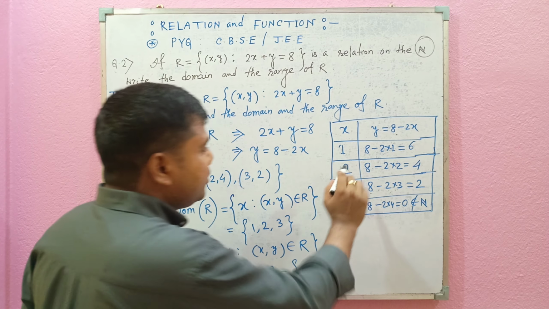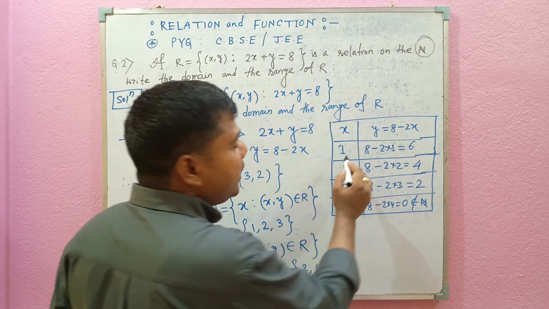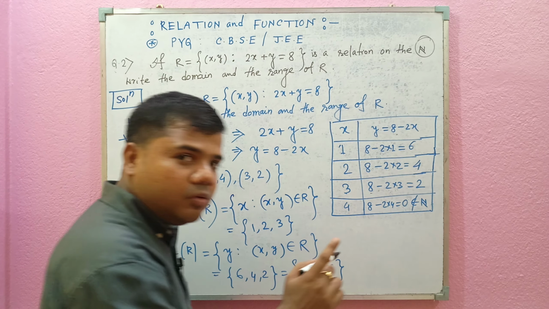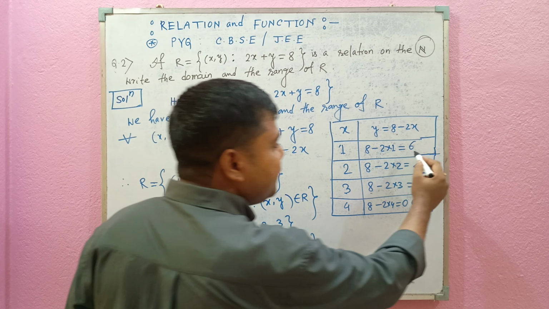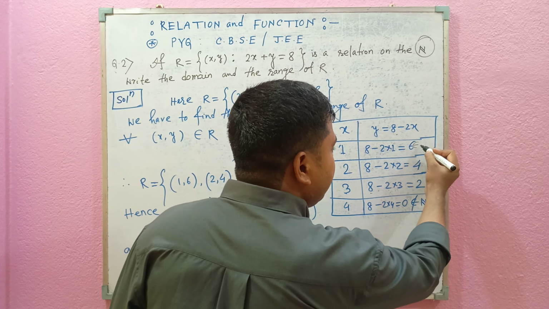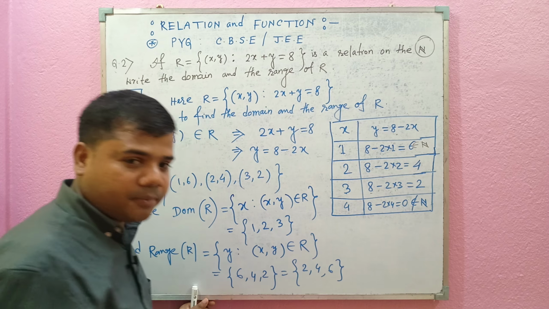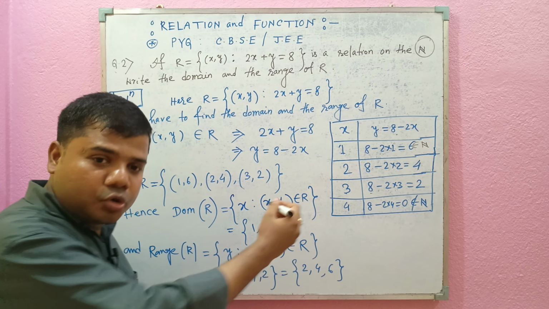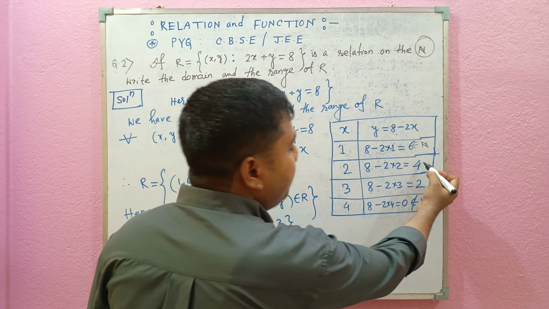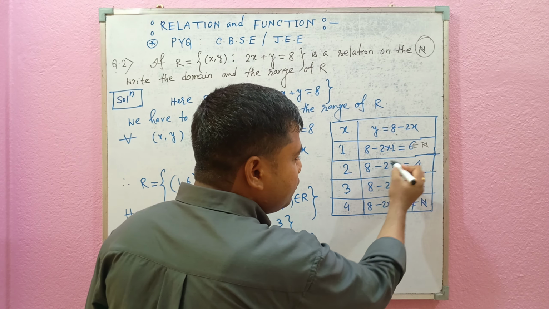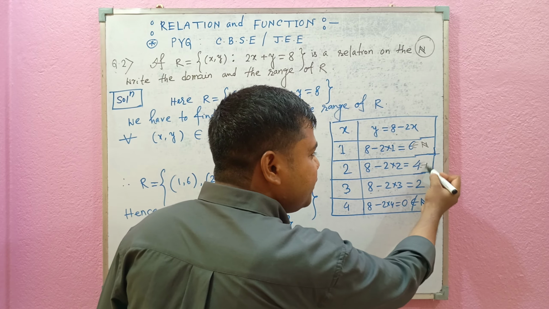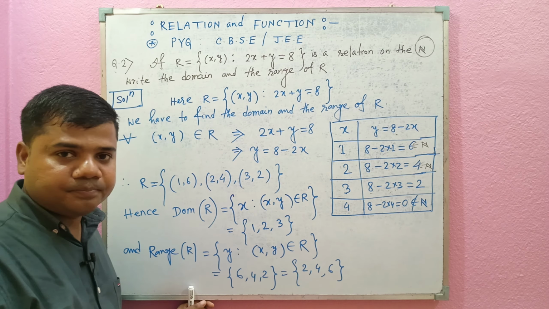If we put x is equal to 1, then it becomes 8 minus 2, that is 6, which belongs to the set of natural numbers. If we put x is equal to 2, then it becomes 8 minus 2 twos are 4, that is 8 minus 4 is equal to 4, which belongs to the natural numbers.